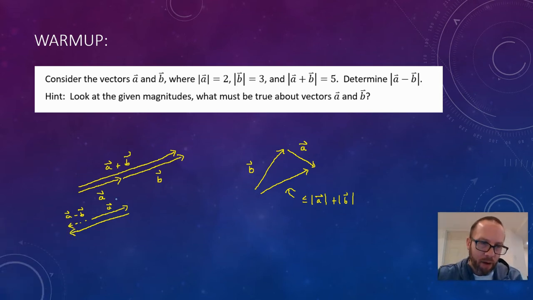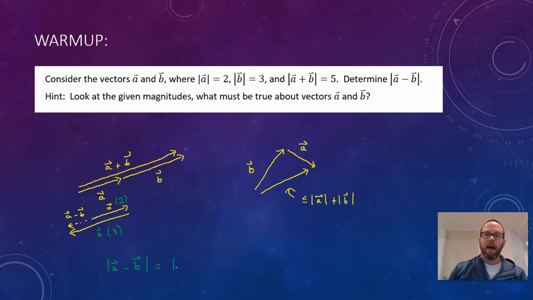If we know that A is 2 units long and vector B is 3 units long, then vector A minus B would have to be 1 unit long because they're parallel and perfectly lined up, right? So the answer to this question doesn't require any work, except maybe a diagram. The magnitude of A minus B is exactly 1.